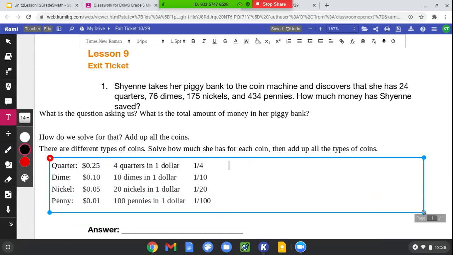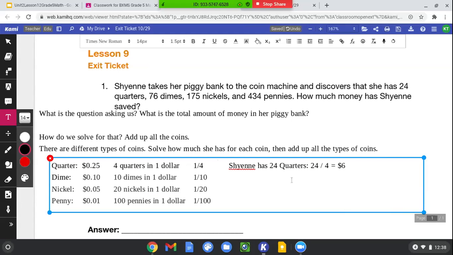So when it comes to quarters, Cheyenne has 24 quarters. How would we solve how many dollars that is? Well, we know 4 quarters are in $1. And if she has 24, we are going to do 24 divided by 4 equals $6.